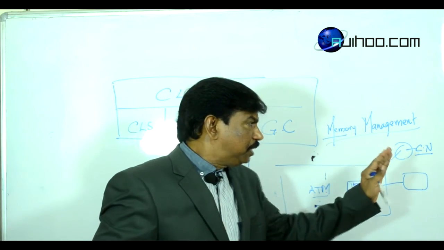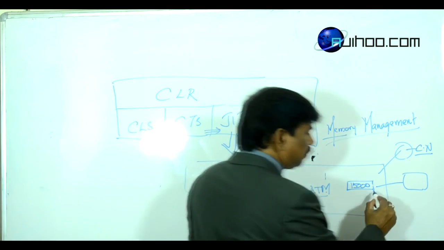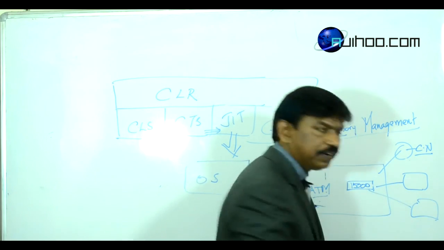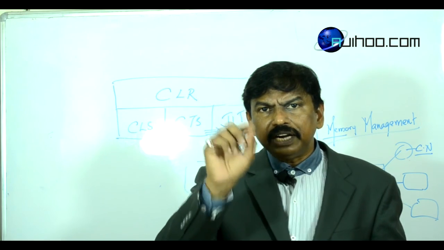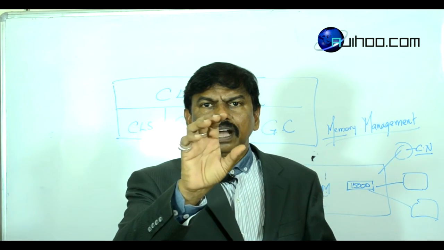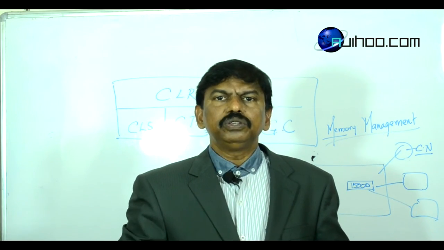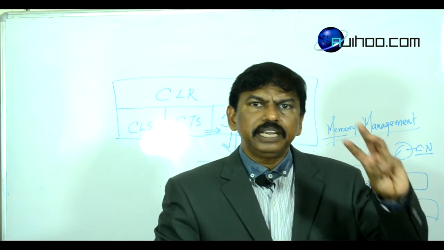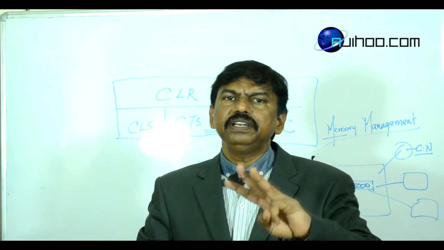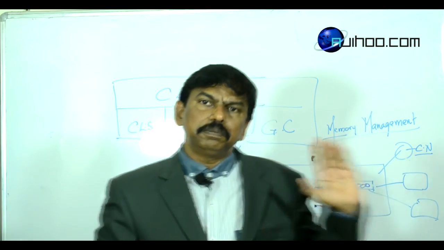So the first instance needs some memory, the second instance needs some memory for the PIN number, and to capture the amount of the user, that also has to have some memory. So there are three types of memories allocated by the garbage collector.